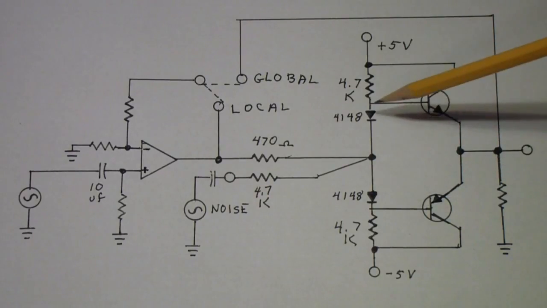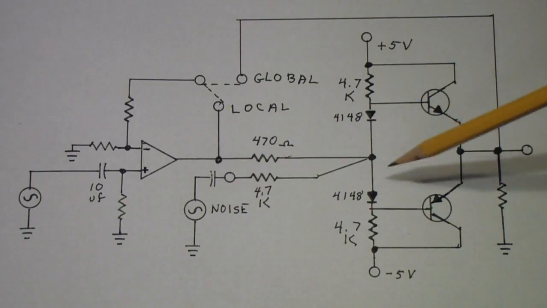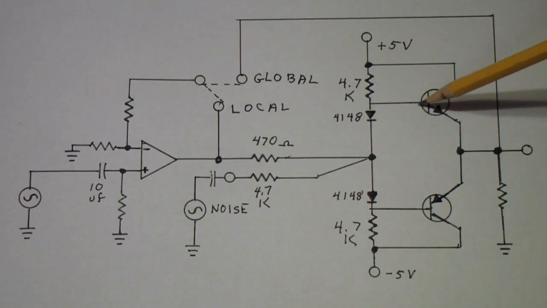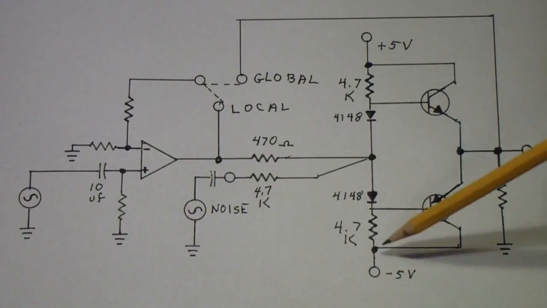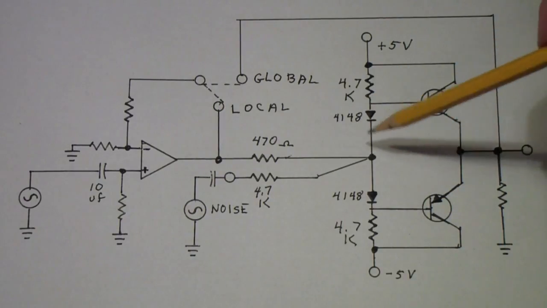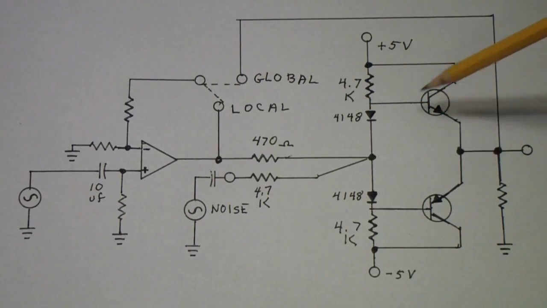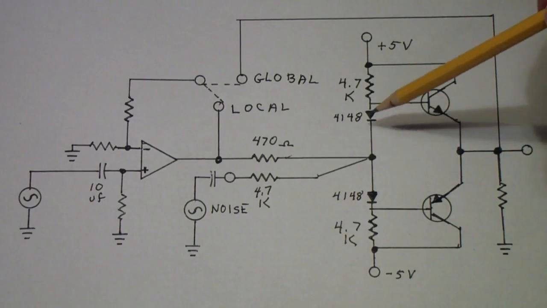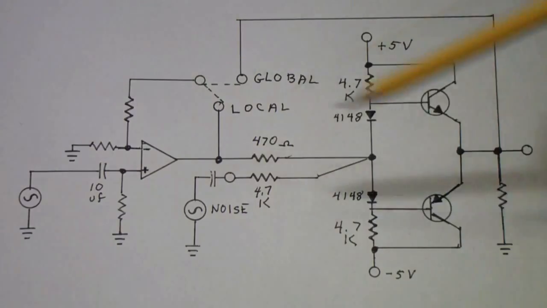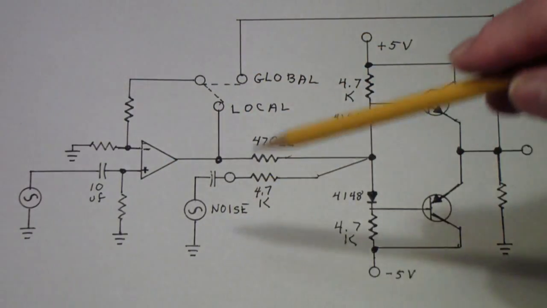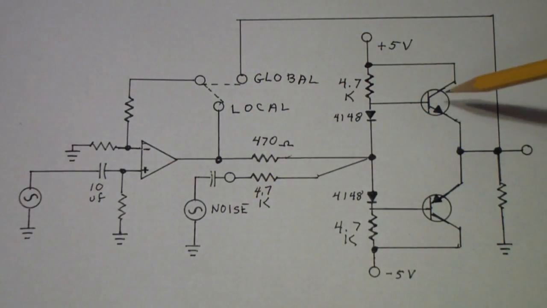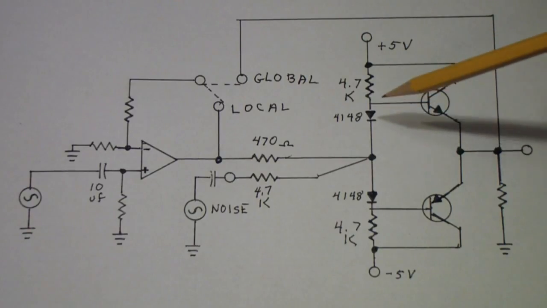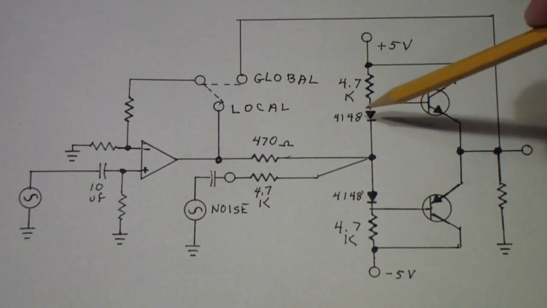That is, to produce enough voltage difference to offset the VBE, that is the base to emitter voltage of each of these transistors. By doing that, these transistors are very close to conduction, even with no signal applied. So it takes much less signal to produce an output. That reduces the crossover distortion.